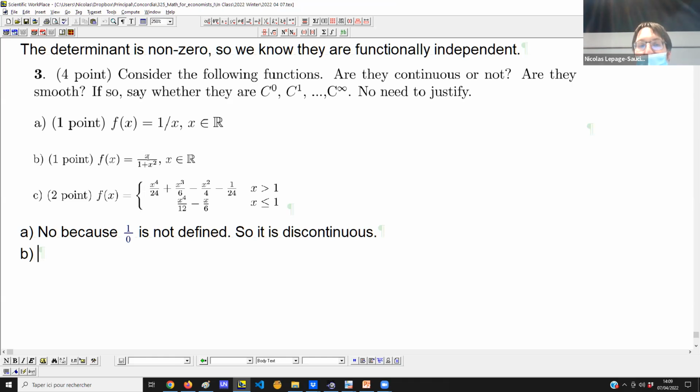So really the two big issues are sometimes you divide by 0, or I give you functions that are defined by parts. Please don't divide by 0. And for functions defined by parts, you have to check what happens at some specific number, which is 1 in this case. So B is actually C infinity.